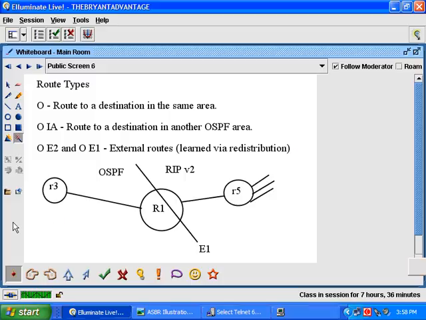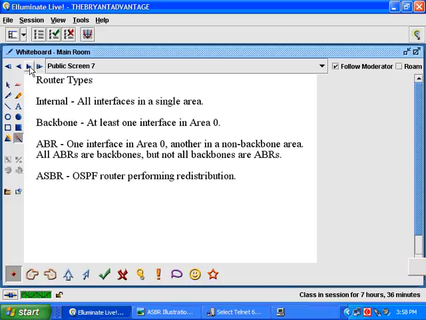So having looked at route types, we're going to take a minute to revisit something you really learned in the CCNA curriculum. We're not going to spend a lot of time with this. But these are the different OSPF router types. Some of these definitions, or actually all of the definitions, should look very familiar to you.